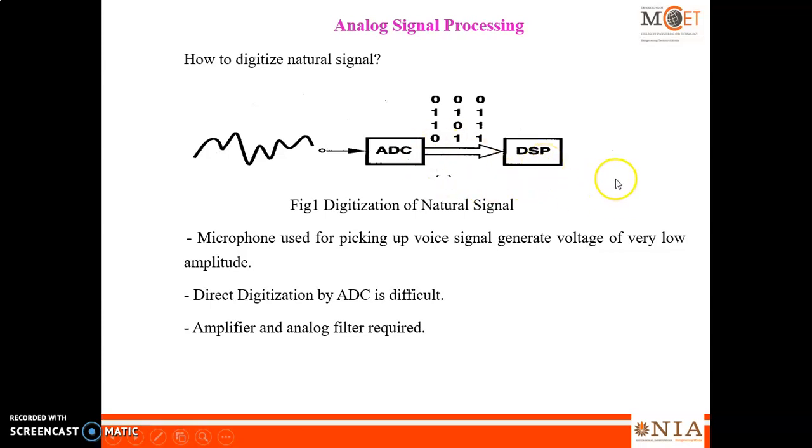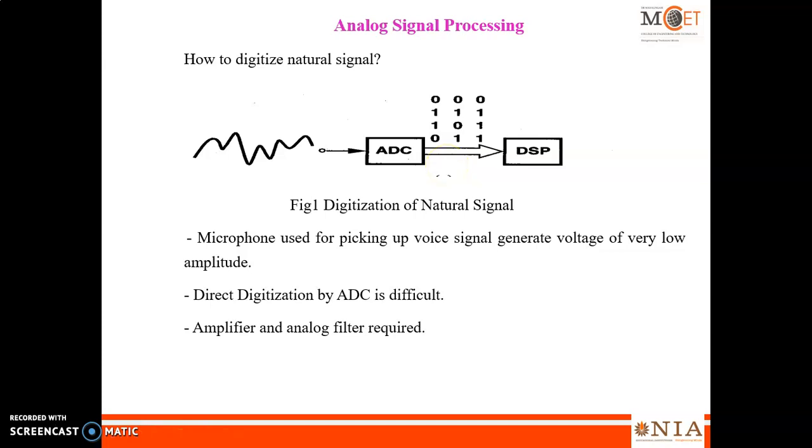But here also I am facing a difficulty. What is the difficulty? The analog signal is of very low amplitude, so the analog to digital converter finds it difficult to convert this low amplitude analog signal into a digital signal.